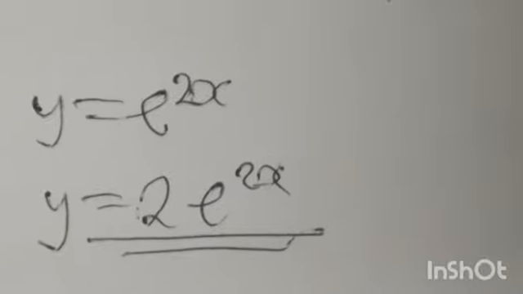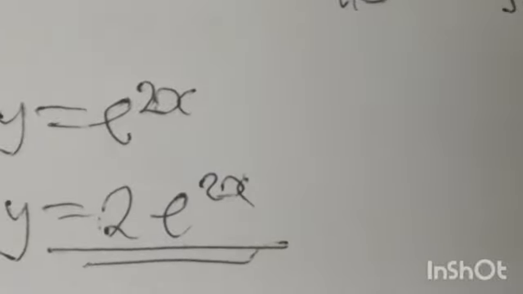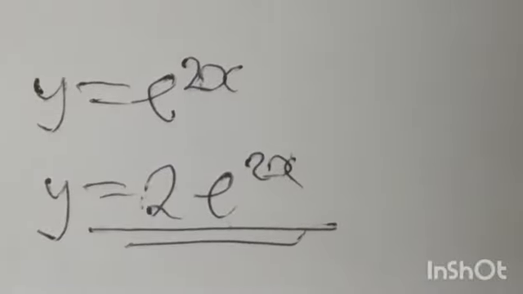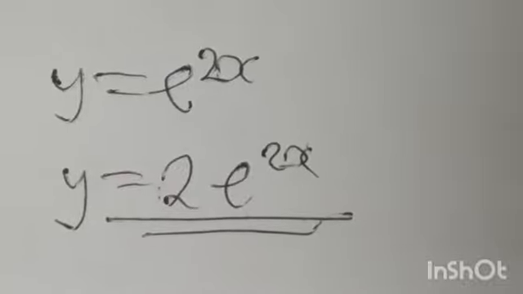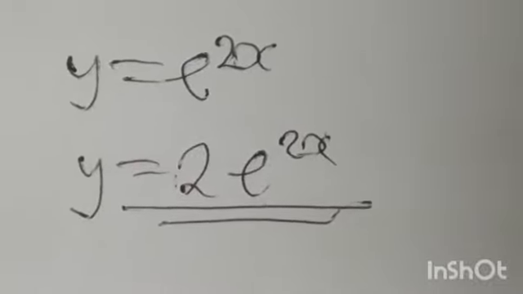Then when you go now to trigonometry, whenever you are asked to find d of sin x over dx, the answer will just give you cos x.